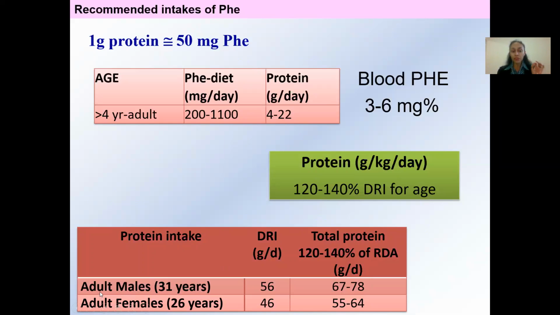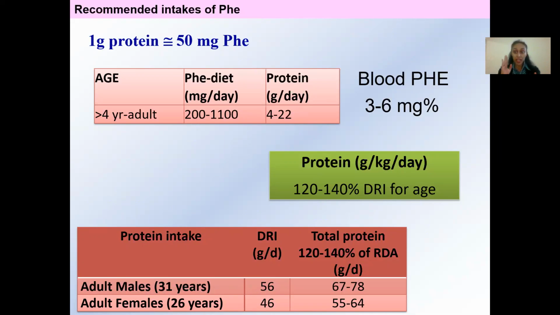Just an example, if an adult male who is 31 years of age, a healthy adult male who doesn't have PKU, is required to have approximately 56 grams of protein per day for regular maintenance, wear and tear of the body. So this healthy person will have 56 grams of protein.